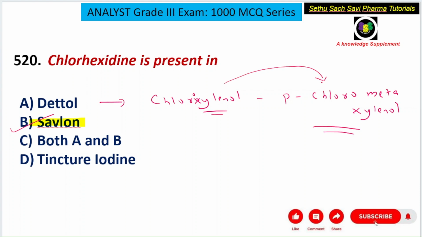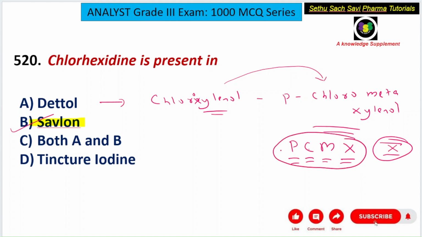The answer is parachlorometaxylenol. It is abbreviated as PCMX. You can remember it as physics, chemistry, maths; you have studied it in the 10th standard, right? X, you can read it like tenth standard. So PCMX, parachlorometaxylenol. It is a component of what? Yes, Dettol, and it is nothing but chloroxylenol.